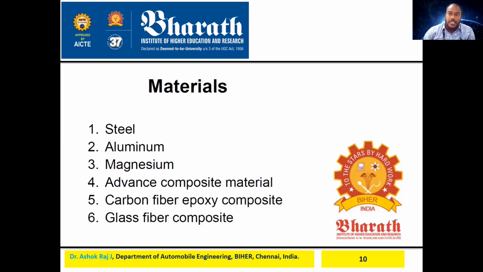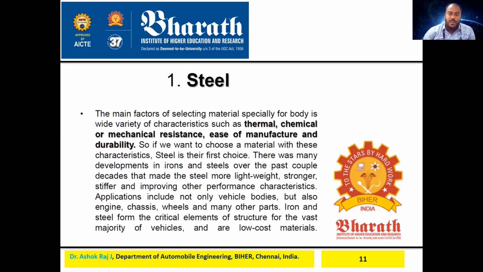And what are the materials generally used in the automobile? The steel, aluminum, magnesium, advanced composite material, carbon fiber epoxy composite, carbon glass fiber composite. These are the most used materials in our automobile field.